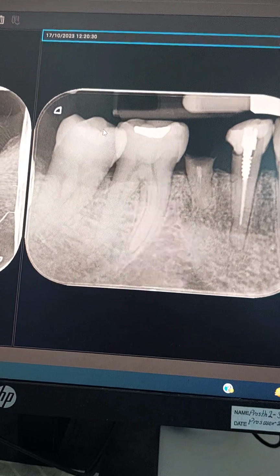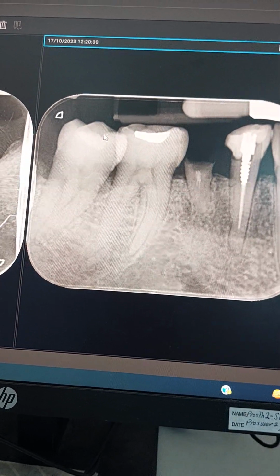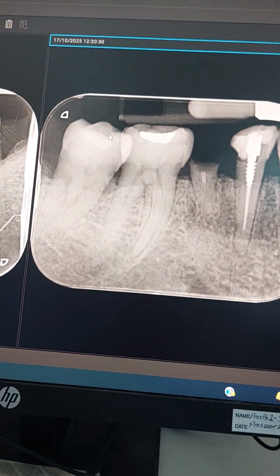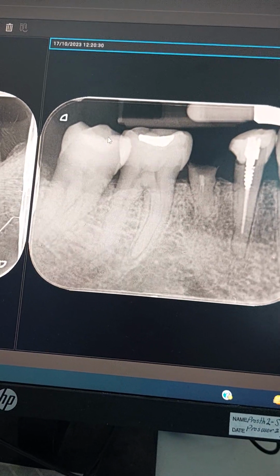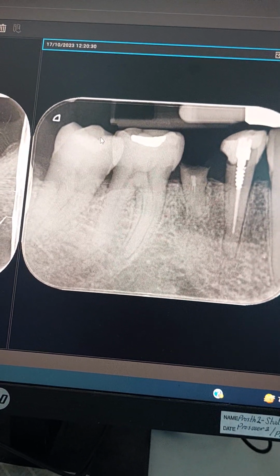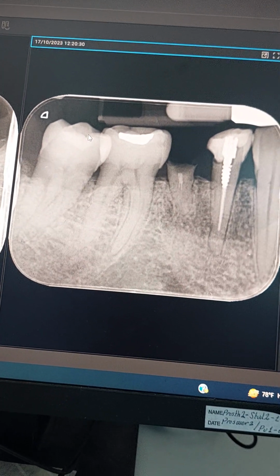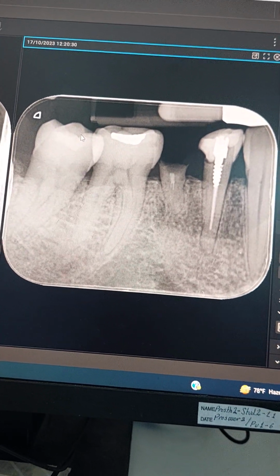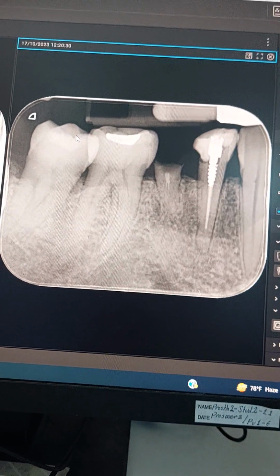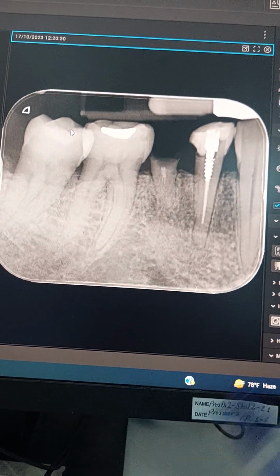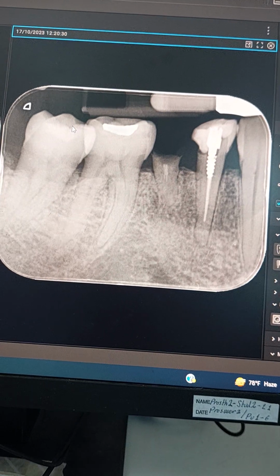But if it wasn't me that did the filling, or I don't see it on the X-ray, especially with old composites, they were not opaque enough for you to see them on X-rays. Right? They were not opaque, old composites. So I'm not sure how deep it is. So I'd prefer that you remove it, then you place your own composite to ensure that the thickness left after the filling is sufficient.